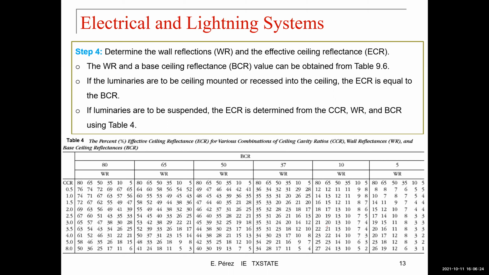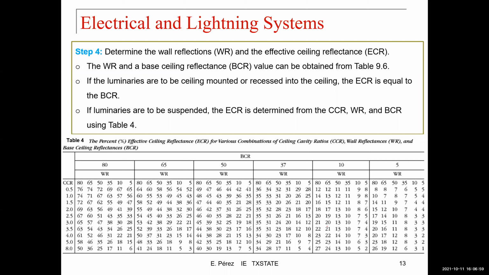If you know the BCR, the base ceiling reflectance, you look at that number here at the top, and then you look at the wall reflectance, depending on what level you end up with. You have to look at those values here, and then you look at CCR on this column, and the combination will give you the value of the ECR, or the effective ceiling reflectance.